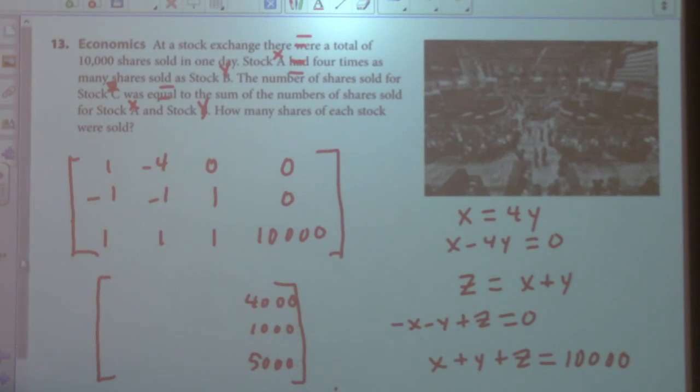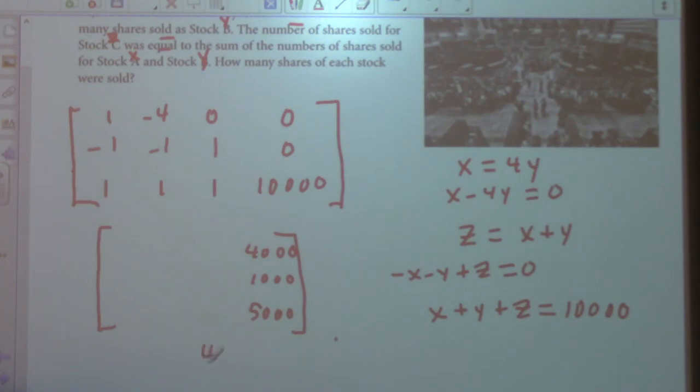So 4,000 of A, 1,000 of B, and finally 5,000 of C. Does that answer make sense? A little bit? So that should be it, right? So Nate, did you know how to do this now? Okay, got it. Good.